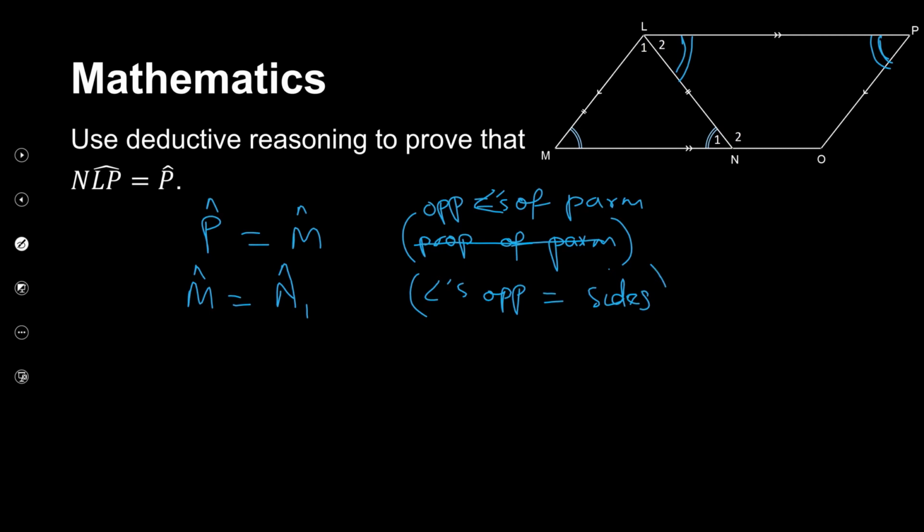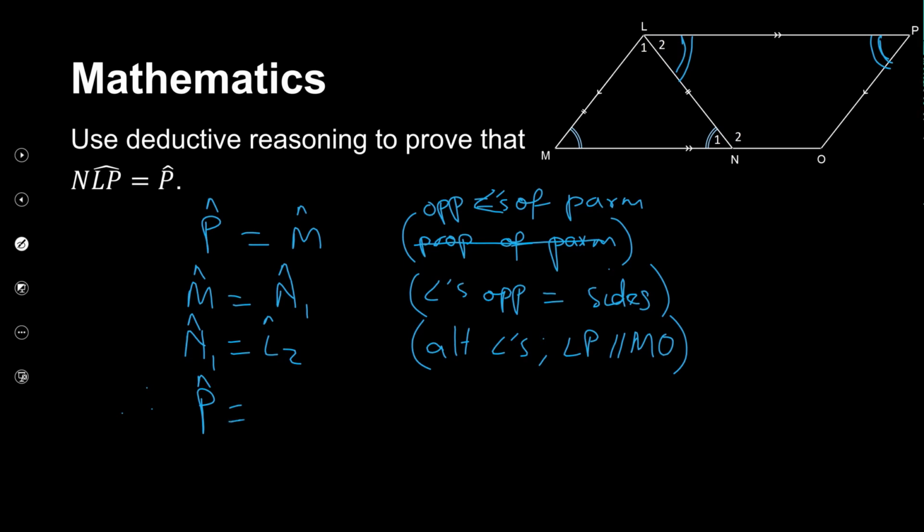And then from there, I know that N1 is equals to L2, and my reason for this will be alternate angles because LP is parallel to MO. As a result, I know that P is equals to L2, and you know that L2 is this one here, NLP.